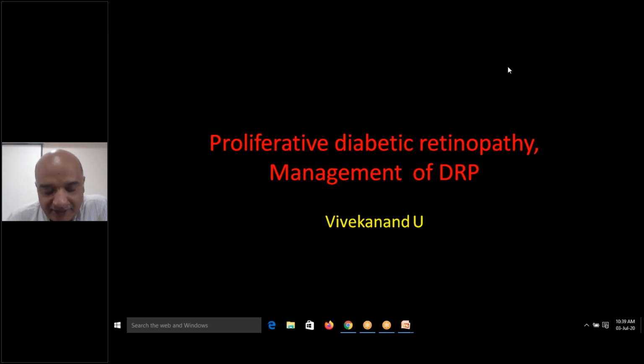You have to diagnose whether this patient has good blood sugar control or not. What is his lipid profile? Is he having hypertension or not? These are the basic systemic factors which have to be checked in all patients with diabetes, because if these are not in normal parameters, then the patient has a high risk of going into proliferative diabetic retinopathy.